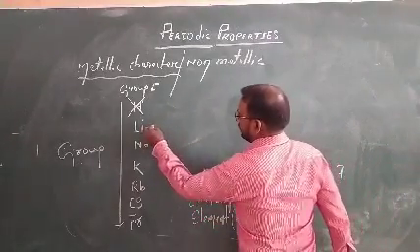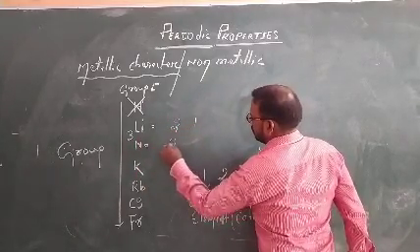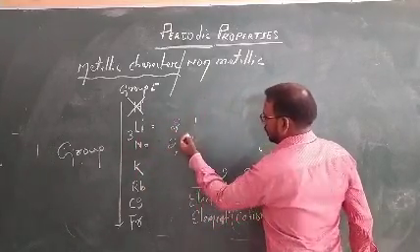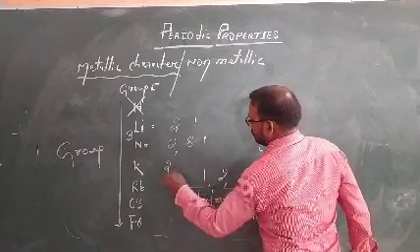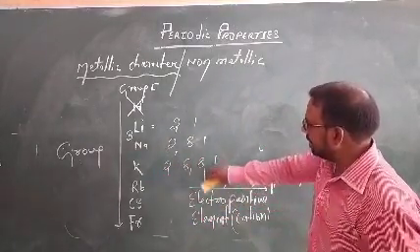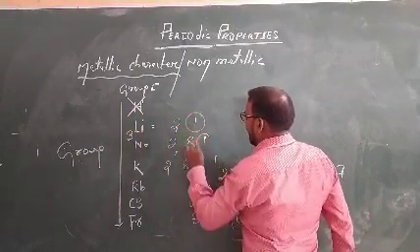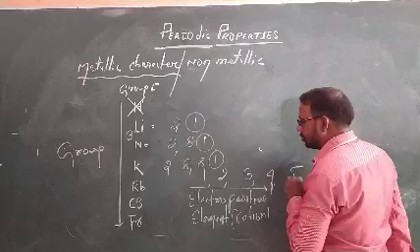Atomic number 3: 2, 1; 2, 8, 1; 2, 8, 8, 1 and so on. You can see that all elements of the same group have the same valence electrons.